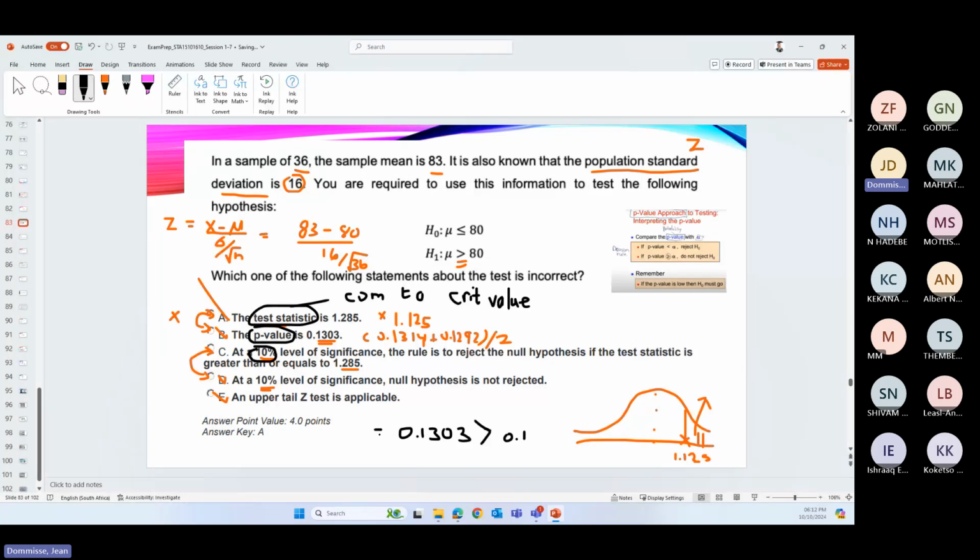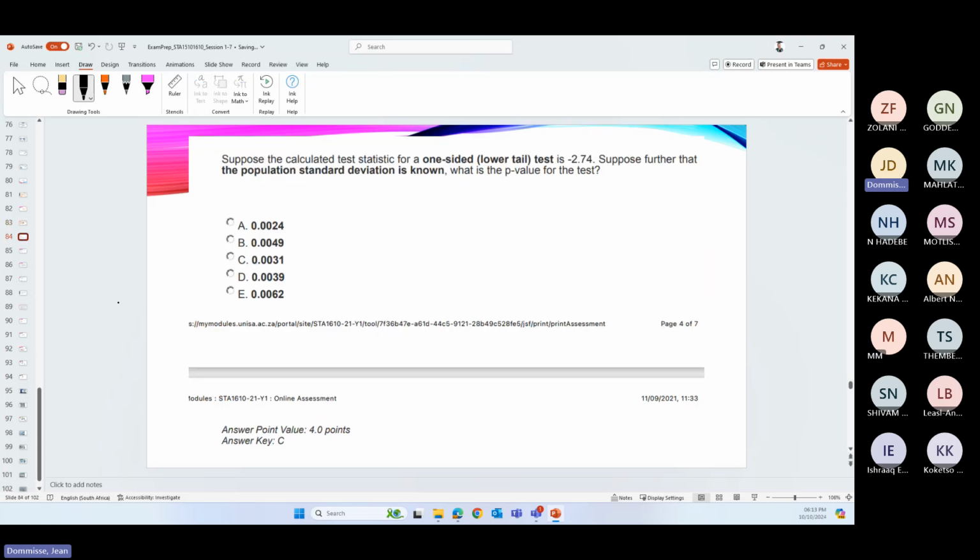So that already means to me that I'm not going to reject the null hypothesis. So you can already tick that off. We didn't even need to know what the critical value is or go and look for it. You could have done it by just looking at the p-values. So there are sometimes shortcuts in it, but it's not always there to see from the start.